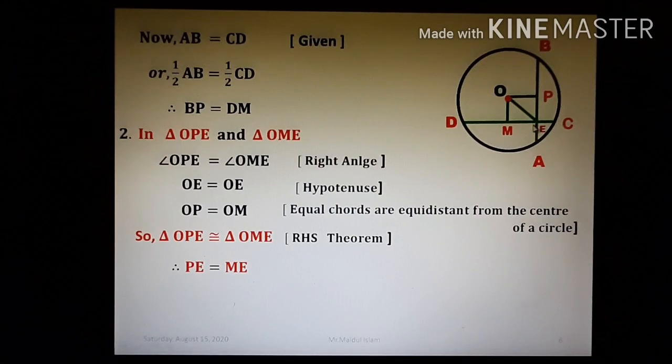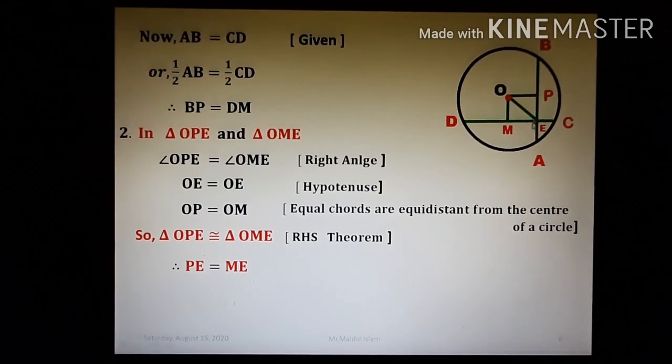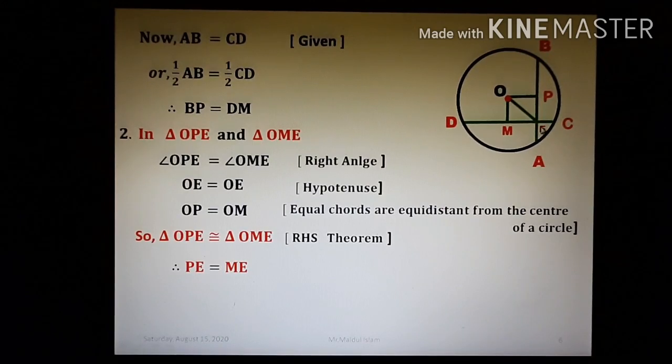Why is PE equal to ME? Because triangle OPE is congruent to triangle OME. When these two triangles are congruent, then you can write PE is equal to ME. Have you understood, my dear? Okay. So these are the things.